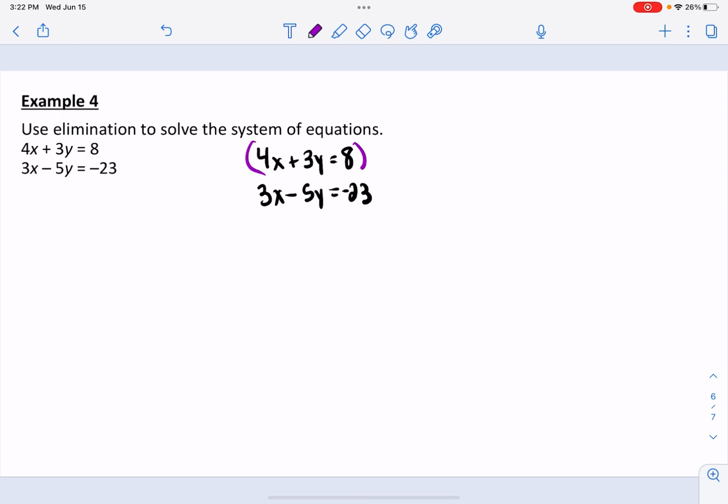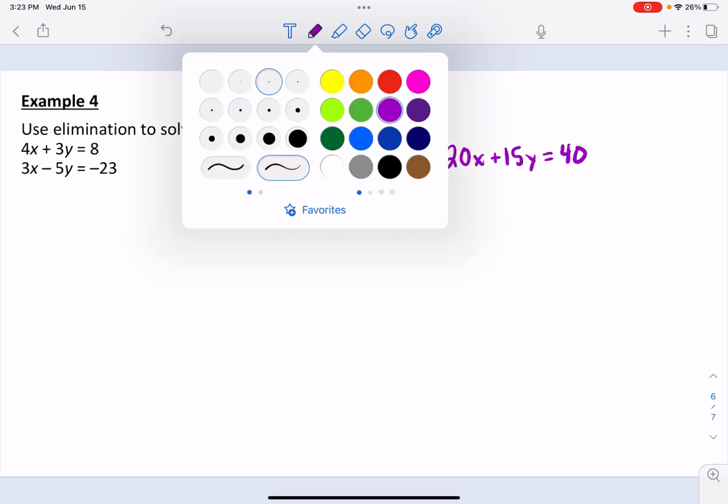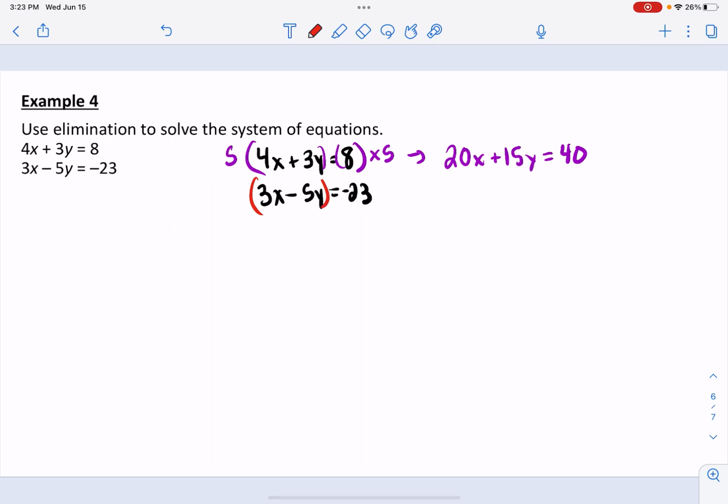So if I multiply this equation, both sides, by 5, and multiply the other by 3, I get 9x minus 15y equals, I didn't trust myself on 23 times 3, negative 69.